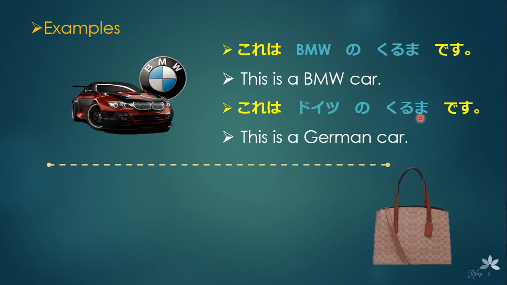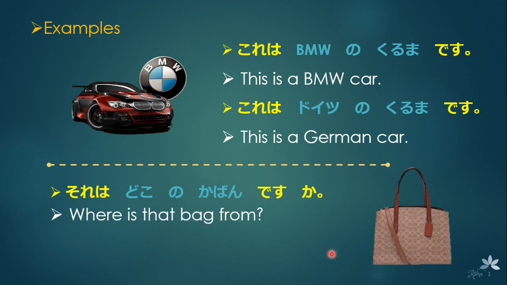Let's look into another example. Now here is a bag. Let's see what sentences we can make. それはどこのカバンですか? どこのカバン? So this bag is from which place, or where is that bag from? Now we are trying to know the make of this bag, or it's a product of which country.